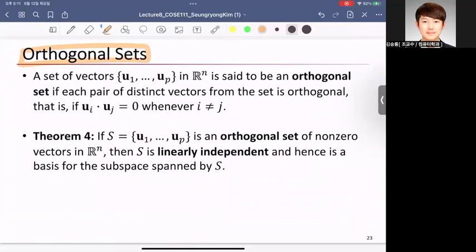Now, an orthogonal set means a set of vectors u1, u2, up in R^n space is said to be an orthogonal set if each pair of distinct vectors from the set is orthogonal. That is, if ui inner product uj equals 0 whenever i is not equal to j, then we can say that this set is an orthogonal set.